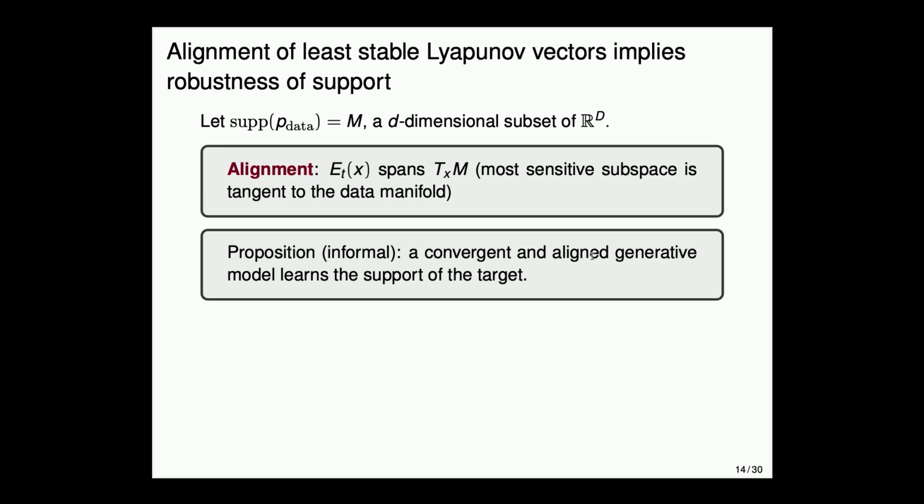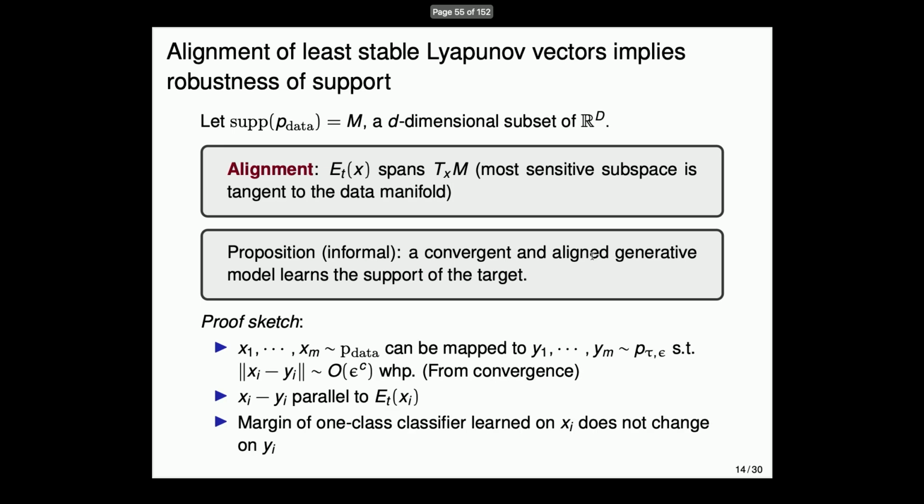I will not go into the proof, but learning the support means that if you use the predicted samples to learn a classifier for the support, you can actually use an aligned generative model. Remember that the aligned generative model is making mistakes.